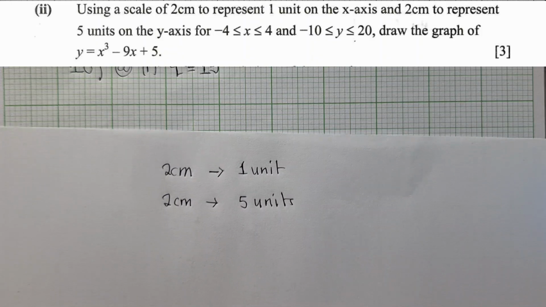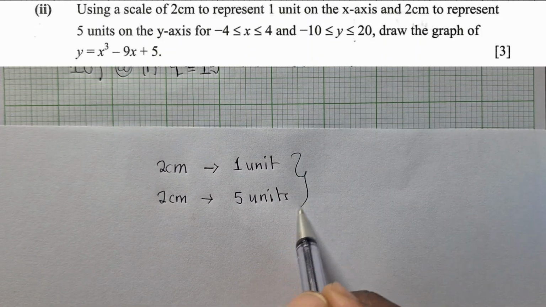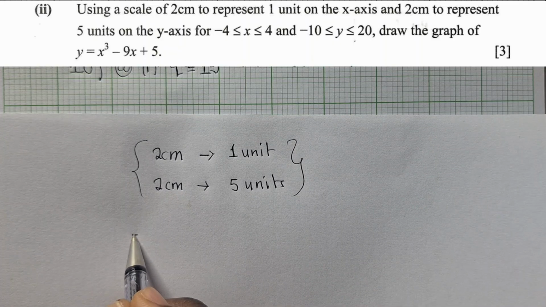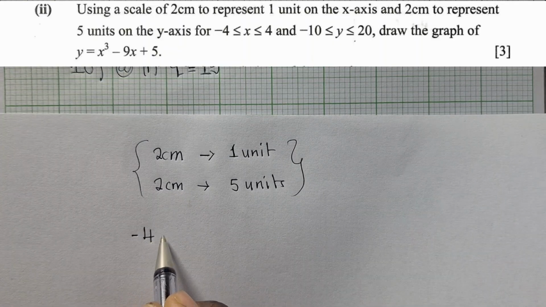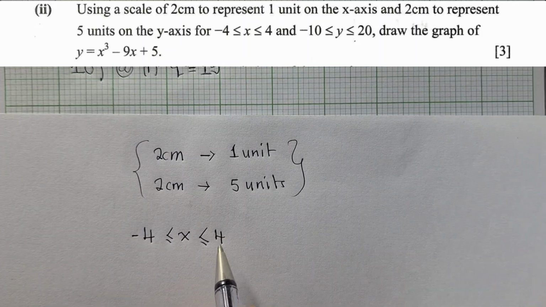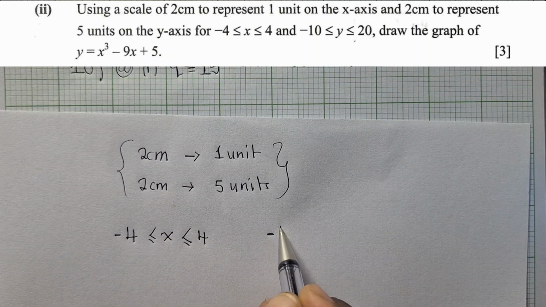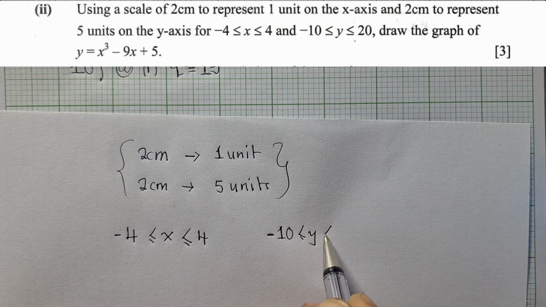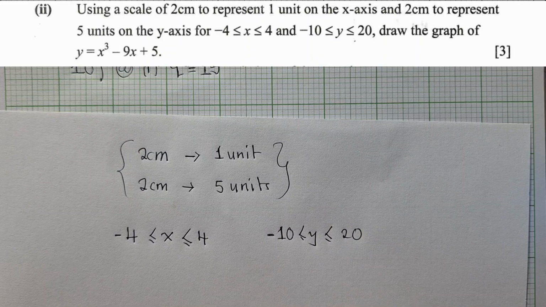For the scale, I'm just getting the points which are important to help us understand. Negative 4 is less than or equal to x less than or equal to 4, and negative 10 is less than or equal to y less than or equal to 20.